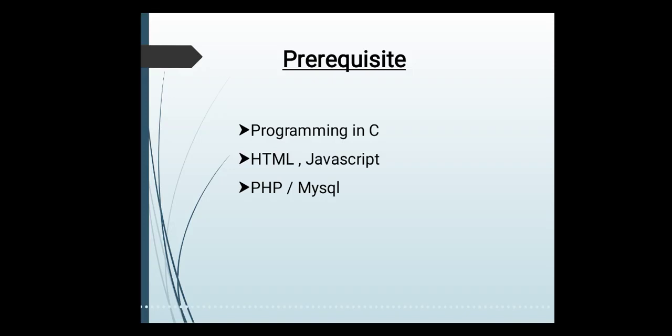Then you have to know the HTML programming language as well as JavaScript. Then you have to know the concept of PHP or MySQL. PHP, HTML you have already learned in the second year, and in this semester you are learning programming in Java. So all these things are required for learning .NET.